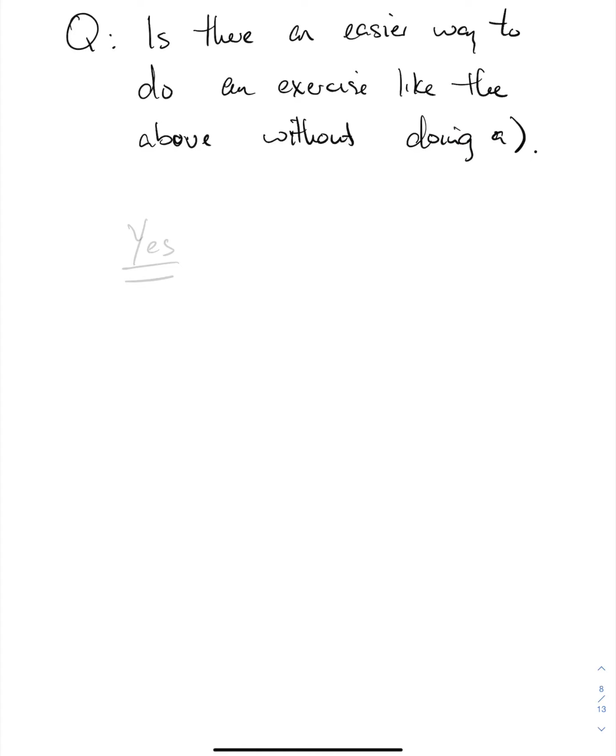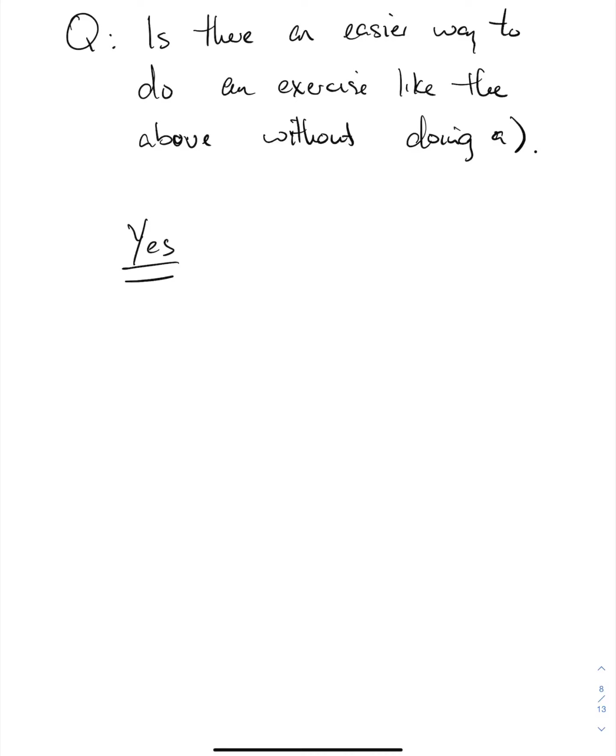As in, without manually checking that you can express literally any vector in terms of the other vectors. The answer is yes. And for us to understand this answer, we're actually going to have to learn some properties about bases, which is for our next lesson.